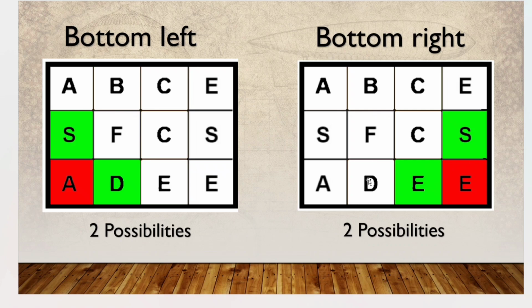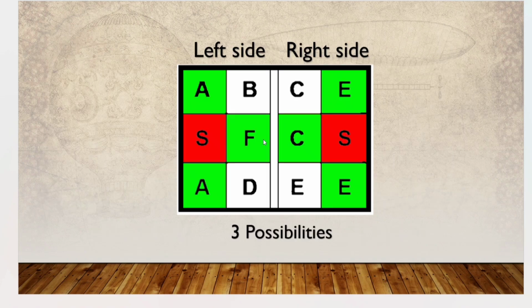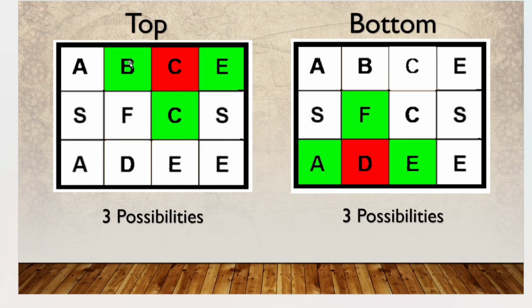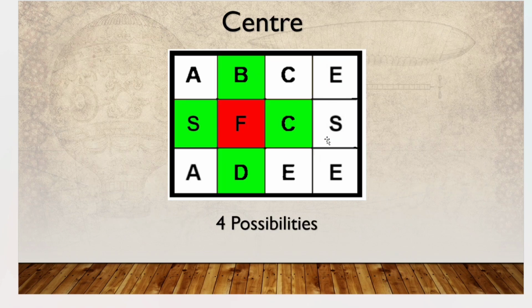Like that, in the bottom right, it also has 2 possibilities. And if the letter is present on the left side of the grid, then there are 3 possibilities: top, bottom, and the opposite side of it. Also, if a letter is present on the top or bottom, there are also 3 possibilities. If a letter is in the center, then there must be 4 possibilities. These possibilities may vary if a letter is already used.